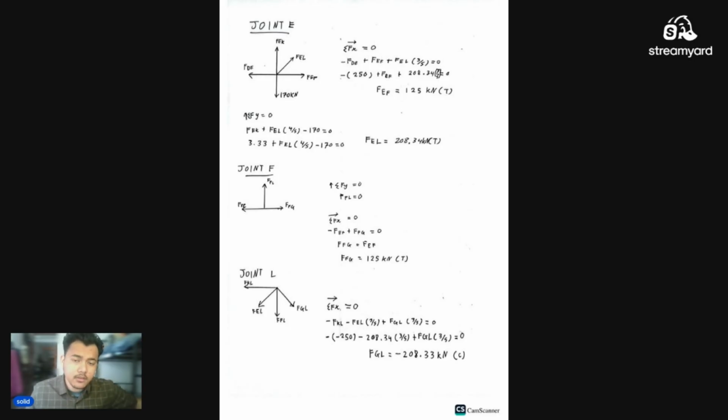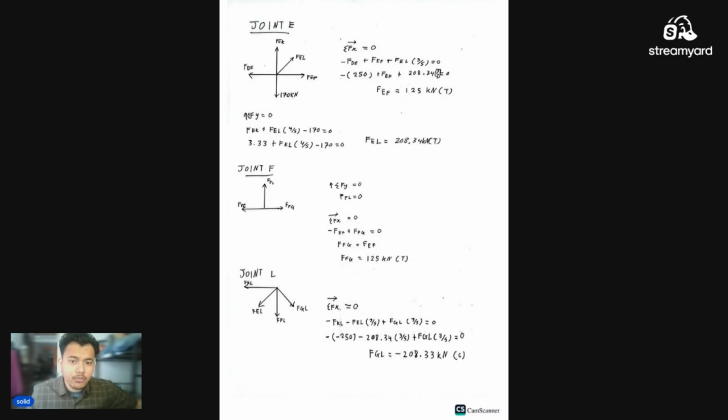I get it in positive, so the answer will be in tension. Then with ΣFy equal to 0, I can get the force for EL equal to 208.34 kilonewton. I get it in positive, so the answer will be in tension.